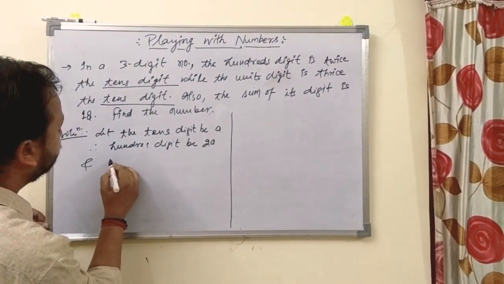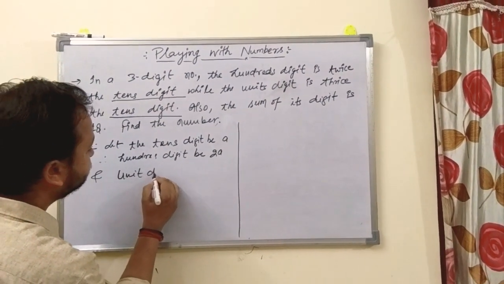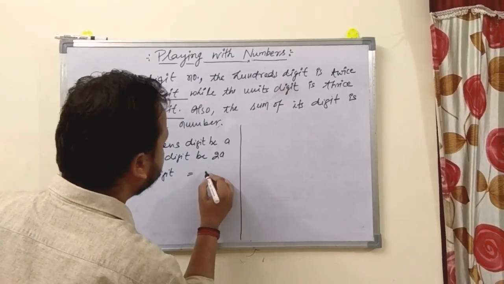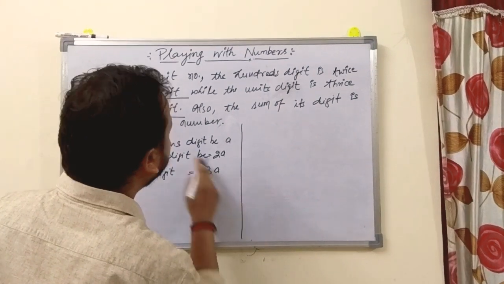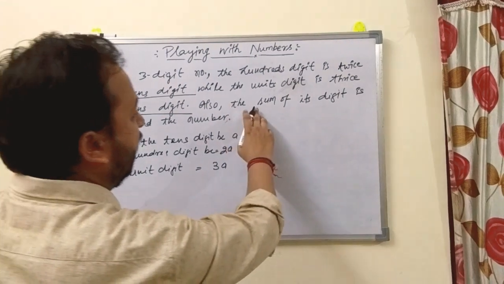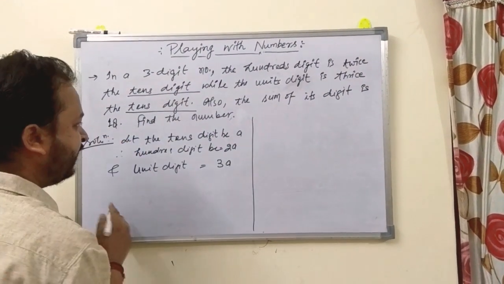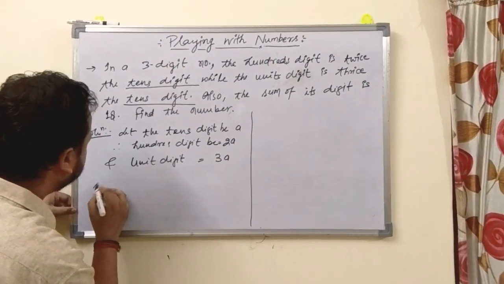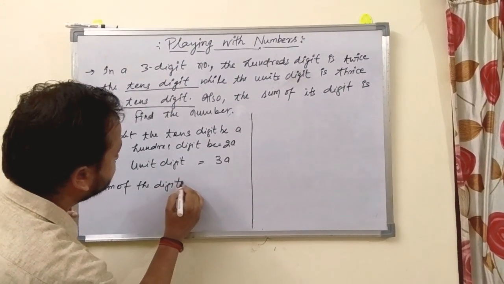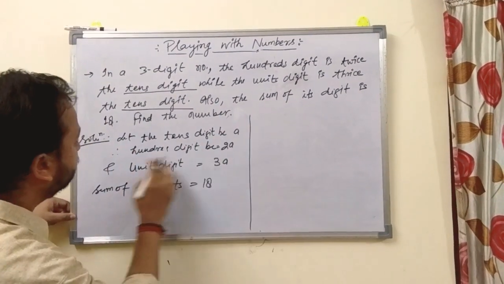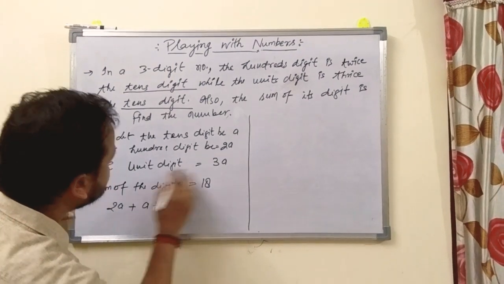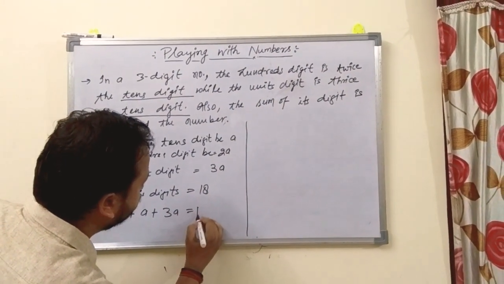And the unit digit is thrice the tens digit, so the unit digit is 3 into tens digit, means 3a. And also the sum of the digits is 18. So the sum of the digits is equal to 18. So 2a, hundreds digit, plus a, tens digit, plus 3a, unit digit, equals 18.